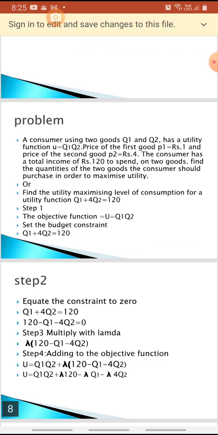Then step 3, we are multiplying this equation with lambda and adding it to the objective function. So U is equal to Q1 Q2 plus lambda times 120 minus Q1 minus 4Q2. Then removing the brackets, U is equal to Q1 Q2 plus 120 lambda minus lambda Q1 minus 4 lambda Q2.